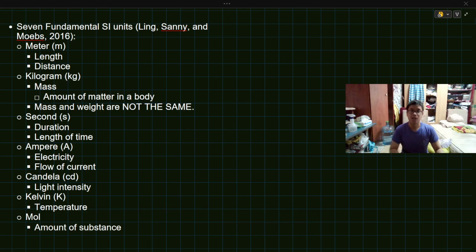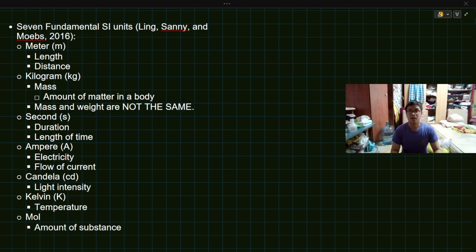But if you went to other places, for example to the moon, you wouldn't feel as heavy. Of course, you would still feel how heavy the object is, but by comparison, carrying the box is heavier on Earth than on the moon, because the gravity of the moon is different from the Earth.